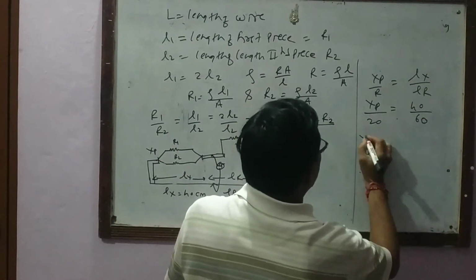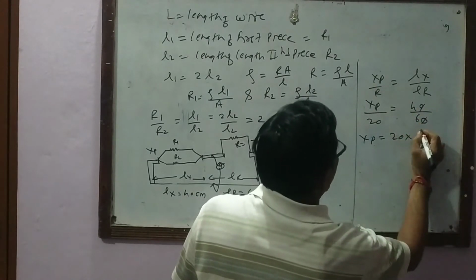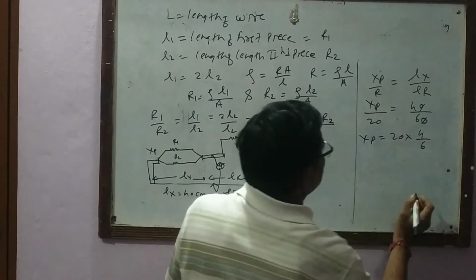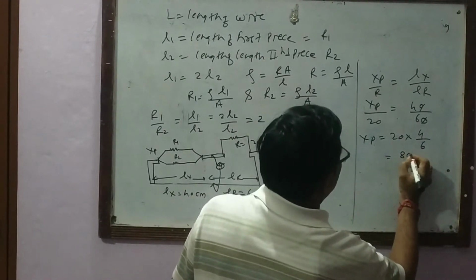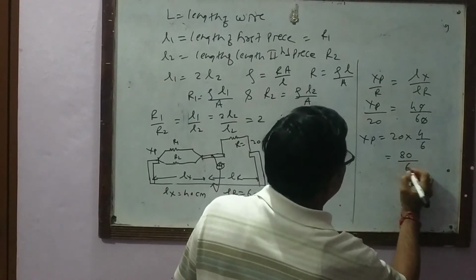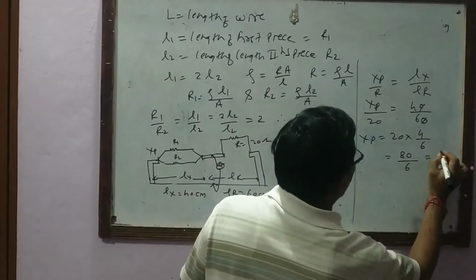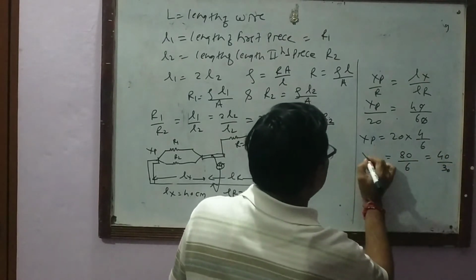Therefore Xp is equal to 20 into 4 upon 6, that is equal to 80 upon 6, that is equal to 40 divided by 3, that is the value of Xp.